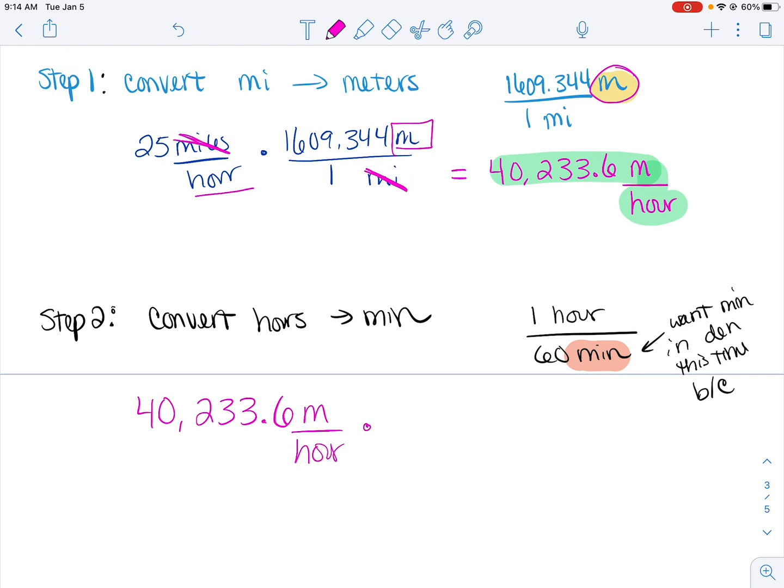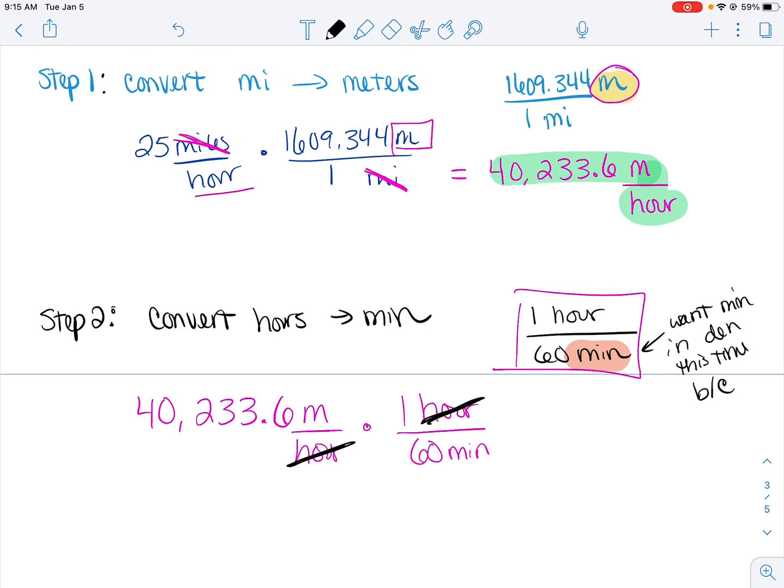And we're multiplying that by this conversion factor. In 1 hour, I can travel 60 minutes. All right, so the hours cancel, and we're left with meters over minutes, which is what we want.